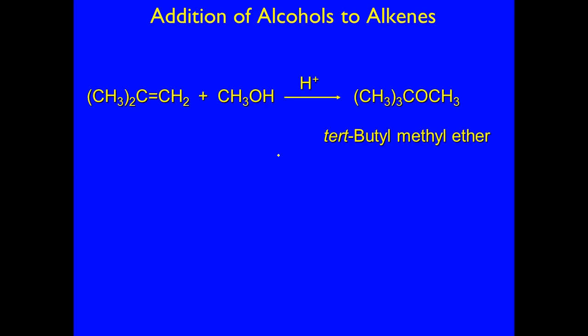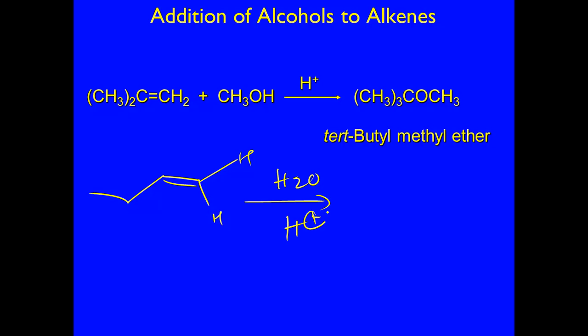And there is another way of making ethers that we learned. In Chem 251, you learned that alkenes can be hydrated, especially when you have asymmetrical alkenes of that kind. If you add water, what do we make? If you have water, you make alcohols, right?